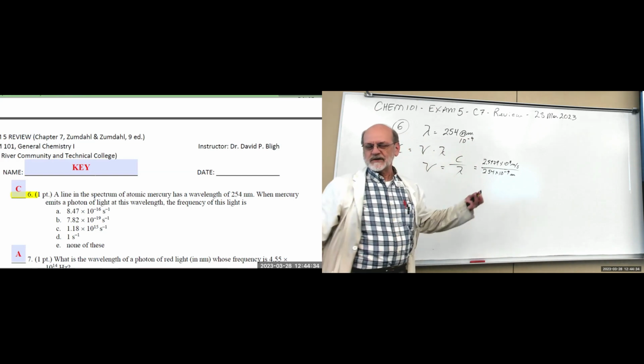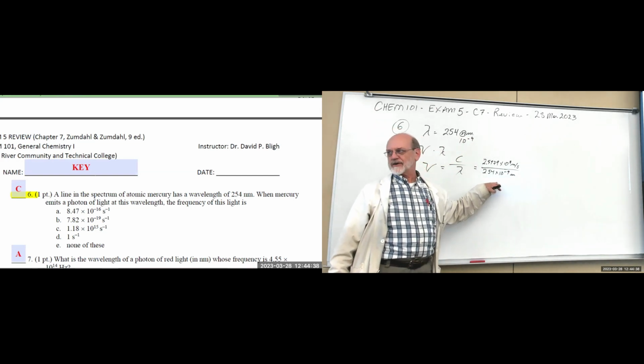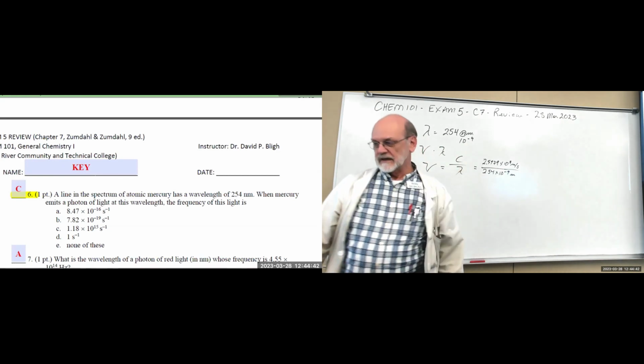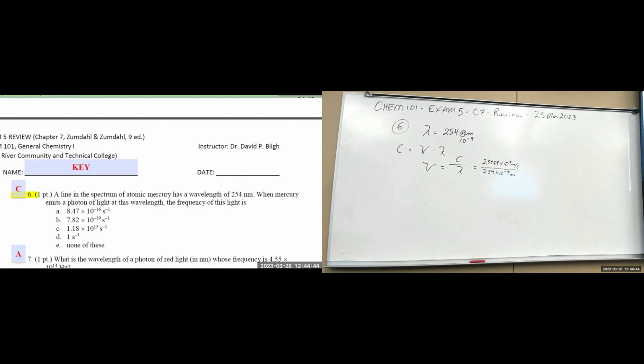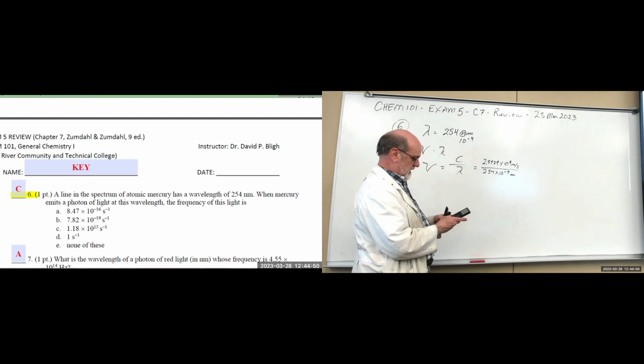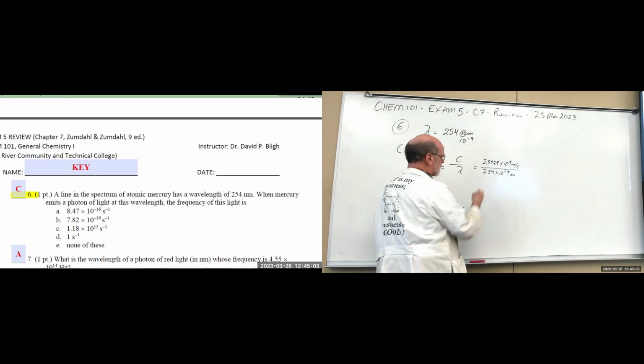You don't have to convert it to scientific notation to plug it into your calculator. Once you do that, I have to get my calculator out first. 2.9979 exponent 8, then divided by 254 exponent minus 9. I get... 3 significant figures.